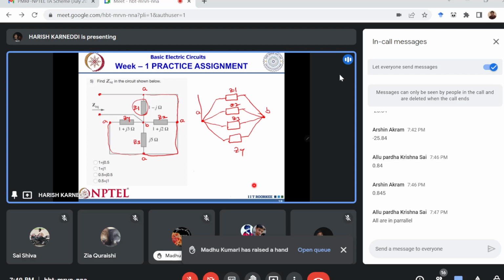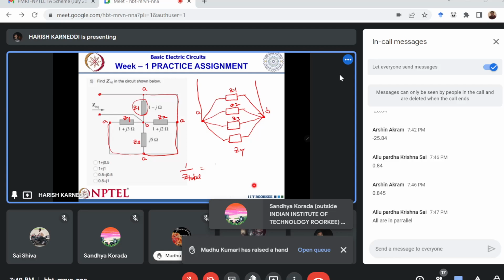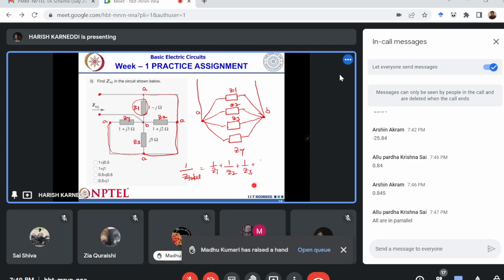So we want the impedance across these AB points. All the impedances are connected in parallel. So what is the equivalent impedance? 1 by Z total equals 1 by Z1 plus 1 by Z2 plus 1 by Z3 plus 1 by Z4, right?